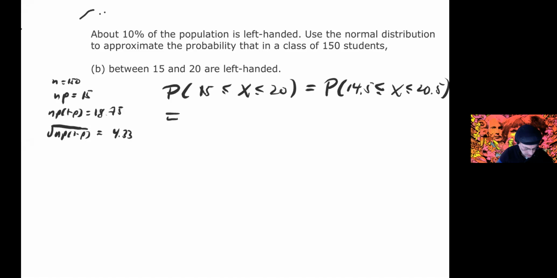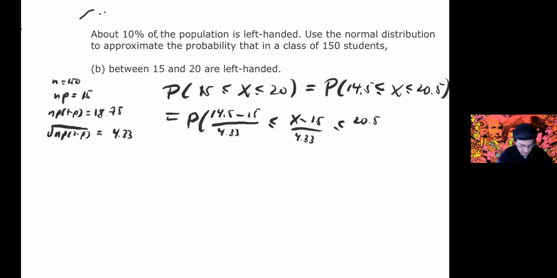We have to take (14.5 minus 15) over 3.67 is less than or equal to (x minus 15) over 3.67 is less than or equal to (20.5 minus 15) over 3.67.